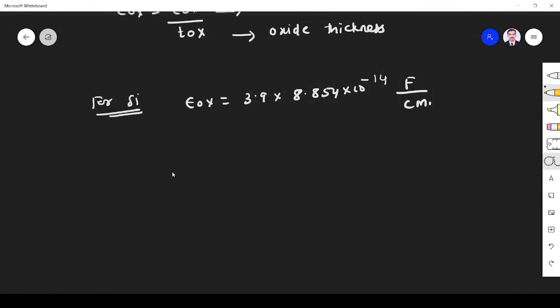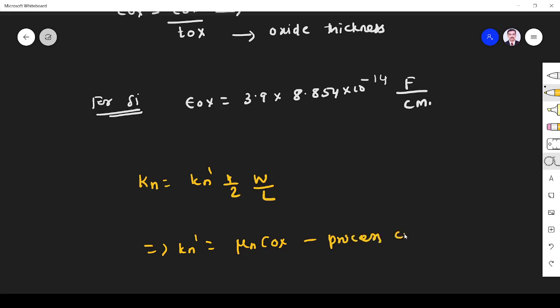Then we define, in short form, Kn dash times 1/2 W by L, so Kn dash is equal to mu n COX. This is called the process conduction parameter.